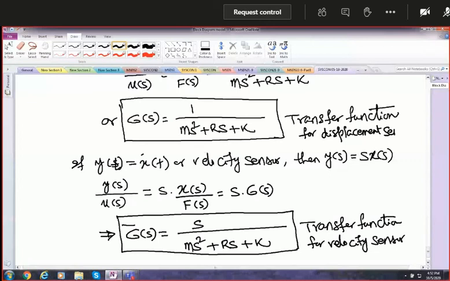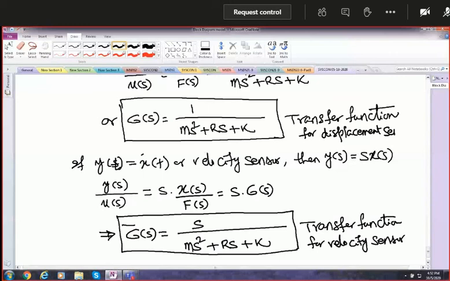So the numerator of the transfer function will change. This is important to note here: number 1, the numerator of the transfer function changes with sensors.